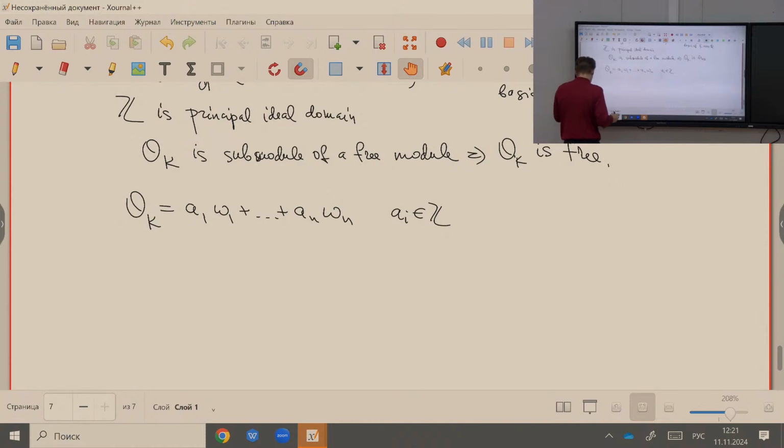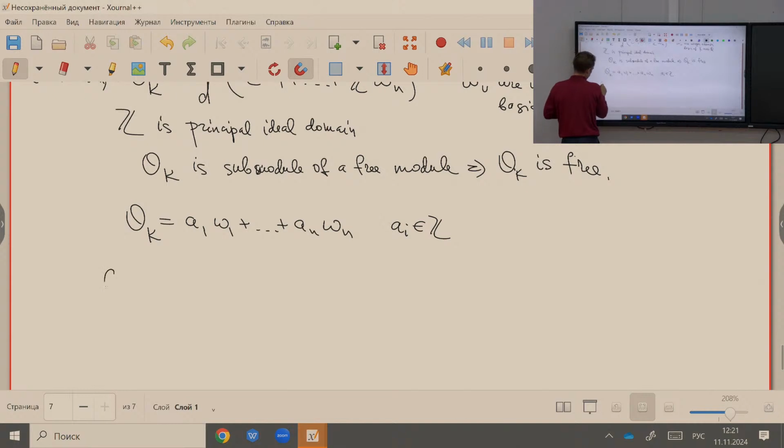And also we introduce the class group of O_K. This group measures how far the ideal is from a principal ideal.